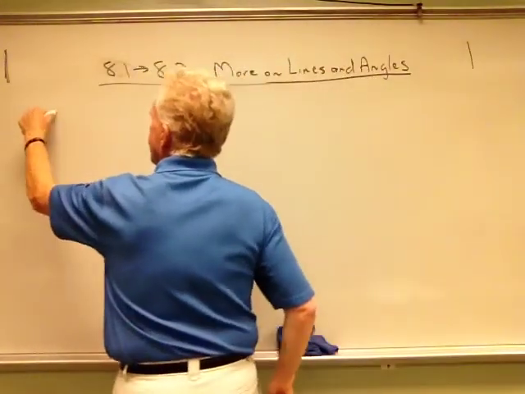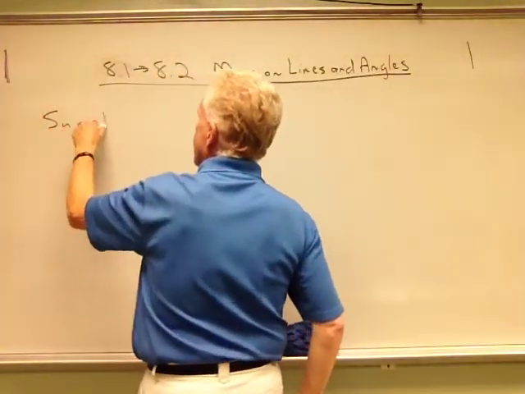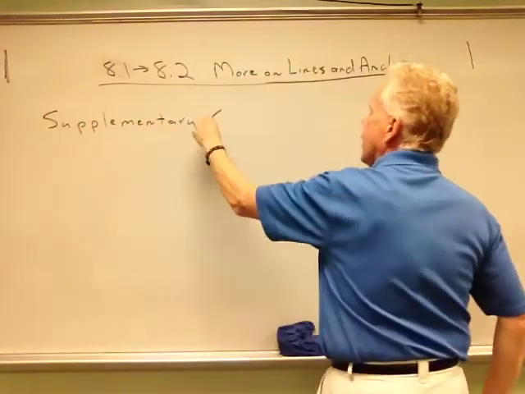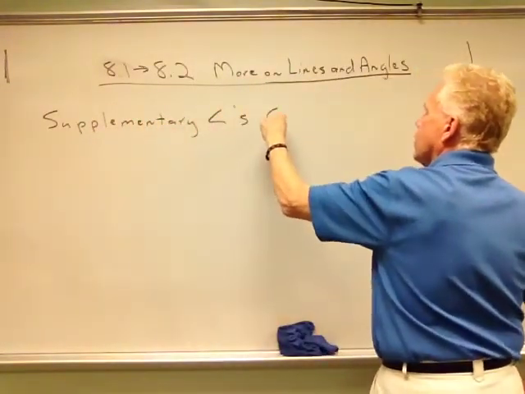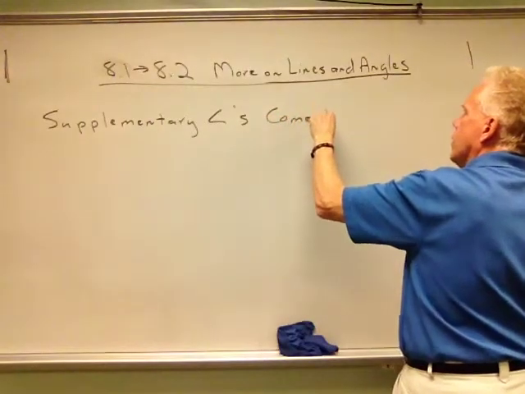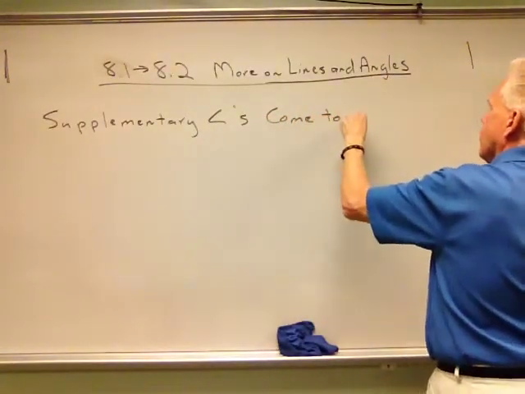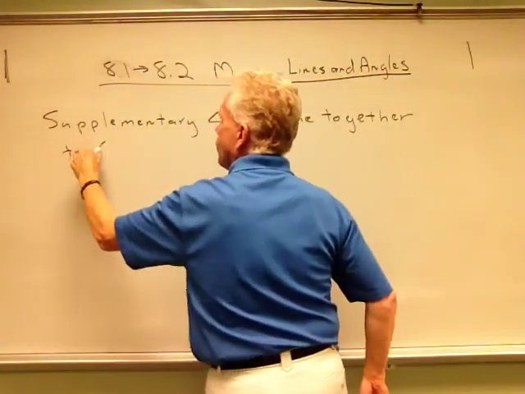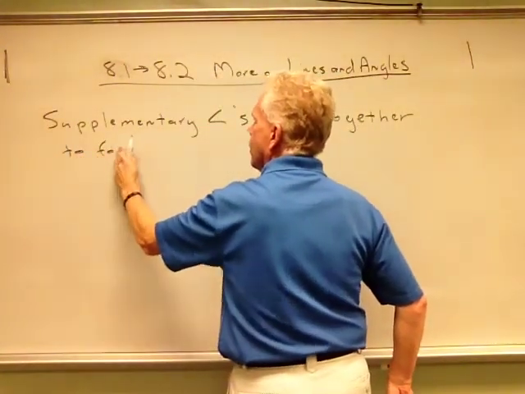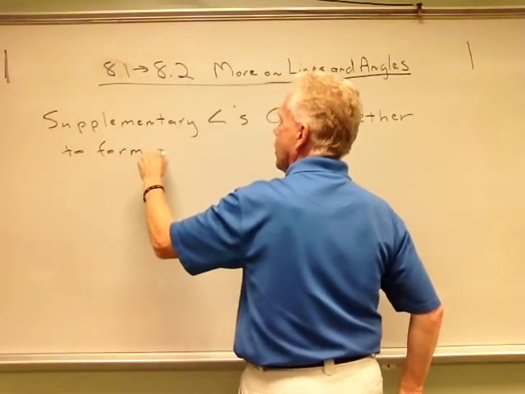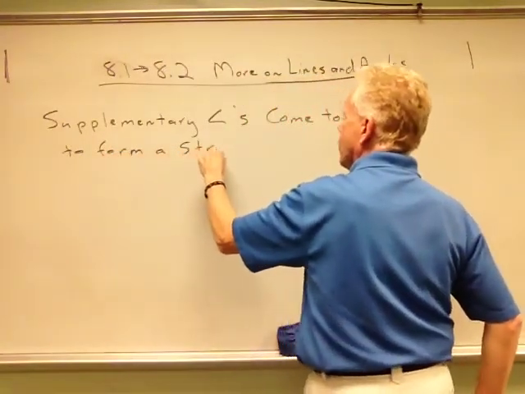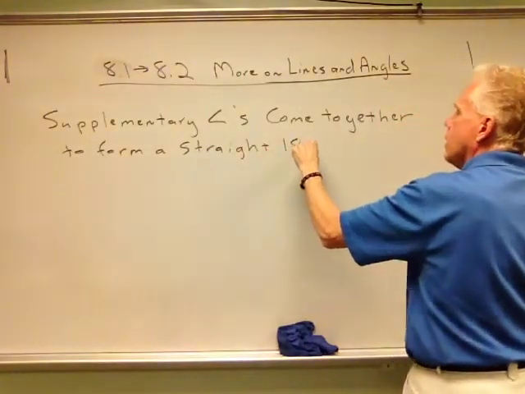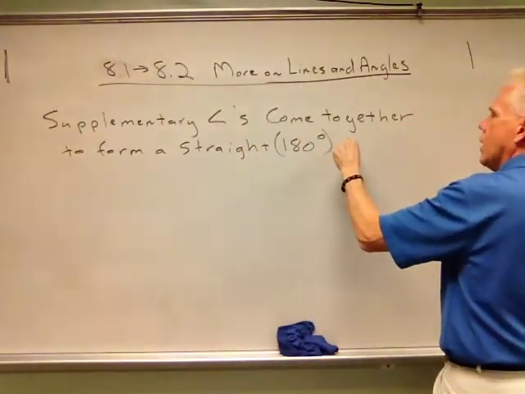Okay, so supplementary angles, S-U-P-P-L-E-M-E-N-T-A-R-Y angles come together to form a straight, that is 180-degree angle.